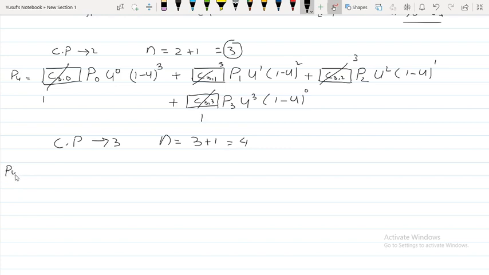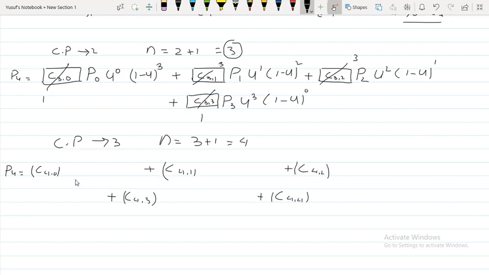So P of u equals C(4,0), the first constant, plus C(4,1), the second constant, plus C(4,2), the third constant, plus C(4,3), and plus C(4,4). 1, 2, 3, 4, 5.